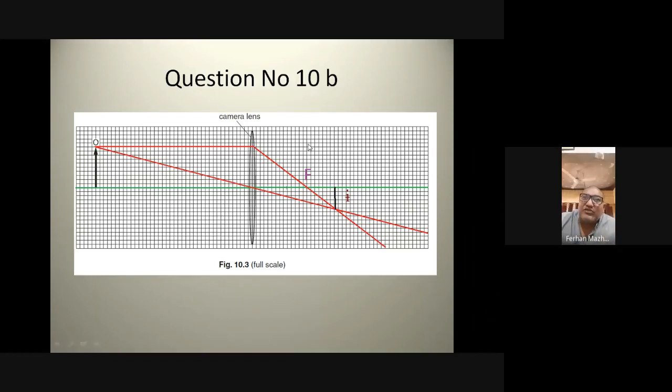After passing through the lens, it goes through the F and you continue it. Muskan, do you understand what I am saying? Yes, sir. Okay, draw it. Start from the head of the object, draw a line parallel to the principal axis. When it passes through the lens, then it should pass through the F on the other side. F is 3 centimeter away from the optical center. F is the focal point, principal focus. Done, sir. Okay.